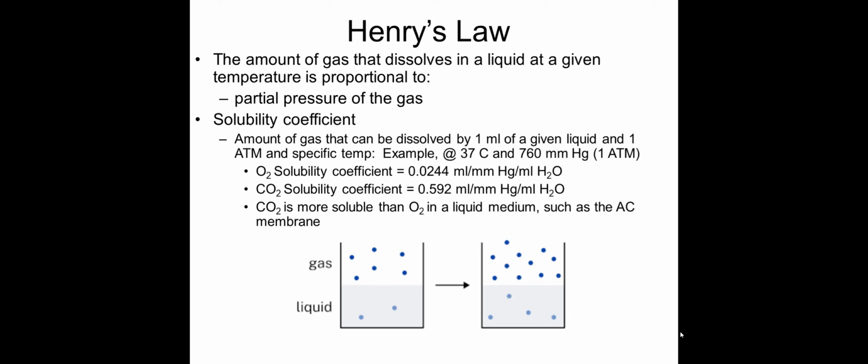In the previous slide, we said that oxygen is probably more easily diffusible because it's smaller. In this slide, we're seeing that carbon dioxide might actually be more soluble, let's say in the liquid surrounding the alveolus or in the interstitial fluid or in the plasma than O2.